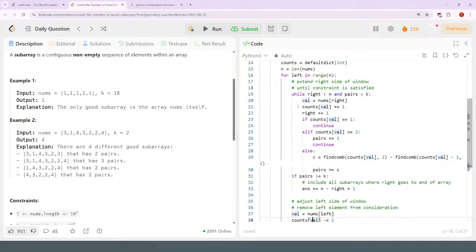Extend the right side of the window. Extend it out until I reach the second 2. That plus the other one, all the way to the end works. And then I close out the 3, extend out to the 4, and then I close out the 1.